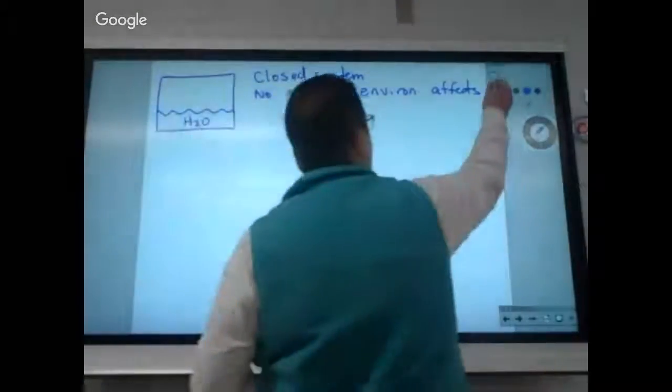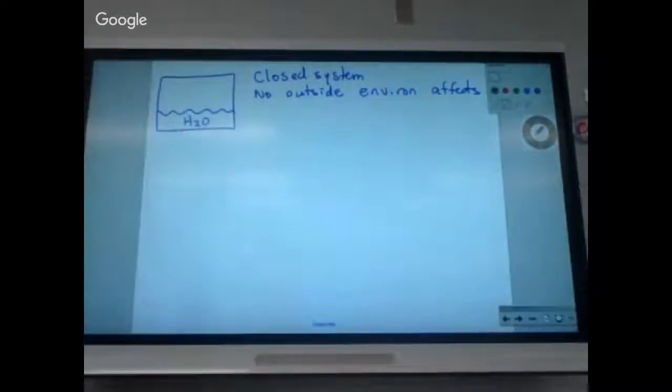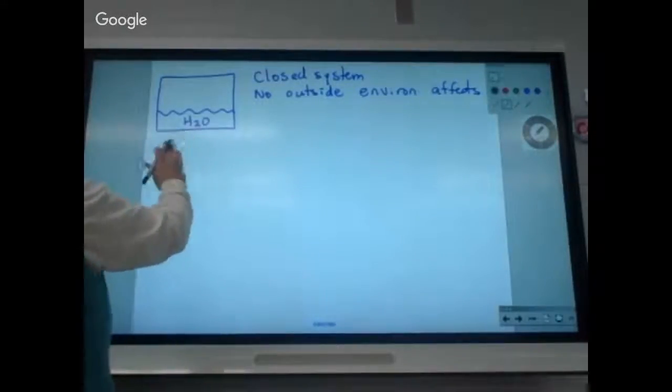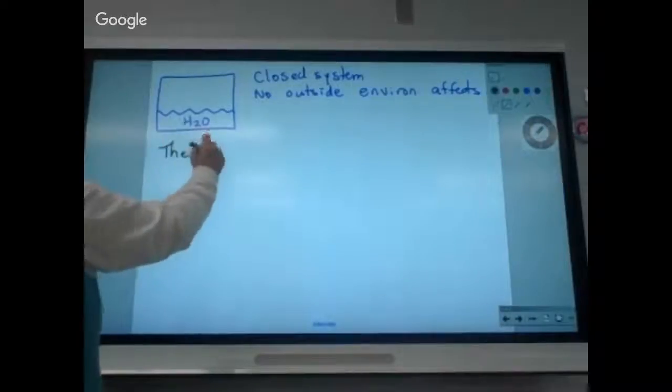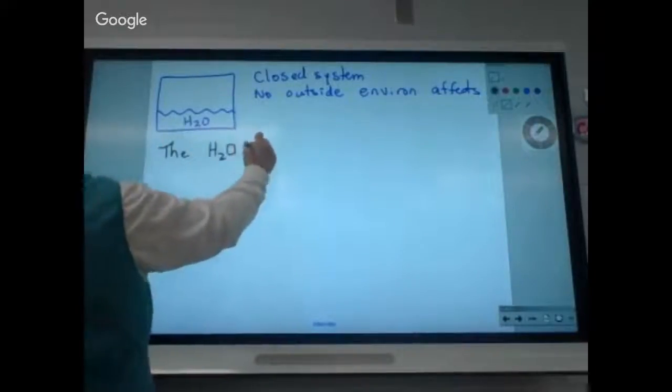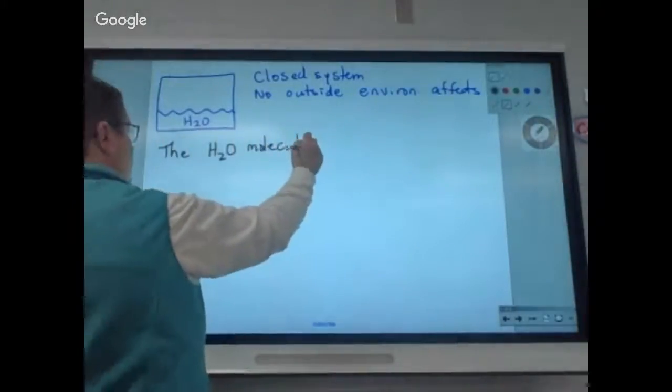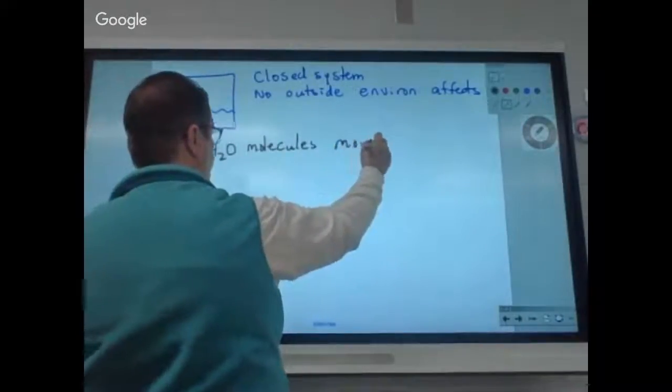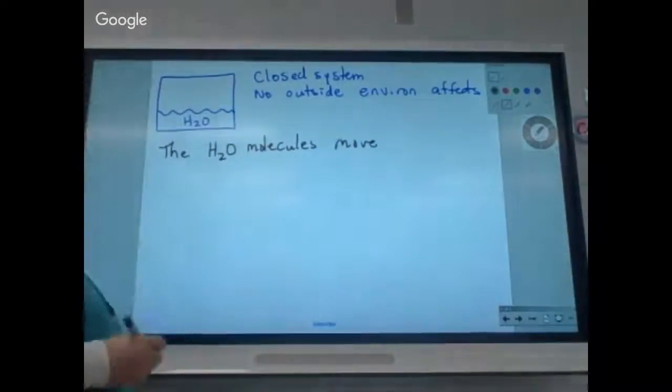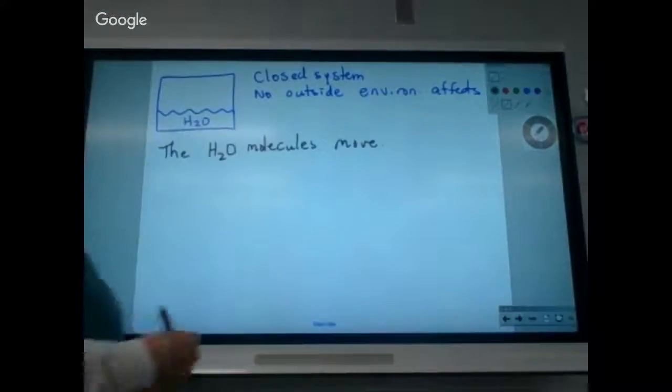So, any amount of water works, okay. Water molecules move. Okay, everybody knows this. They're not stationary, correct?